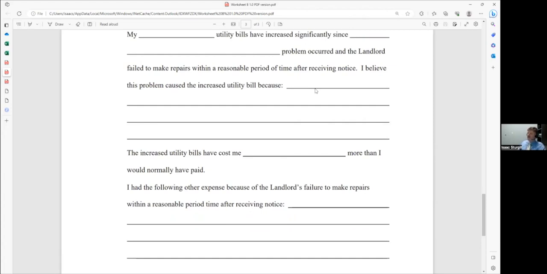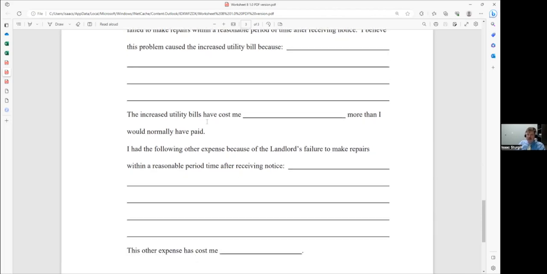I think most commonly that would be something like, I think it's higher because I noticed when the leak started in January of this year, for example, my water bill in the past had normally been $50 a month, but since the leak started, it's been $100 a month. So that's where you write in why you think the bill is higher.